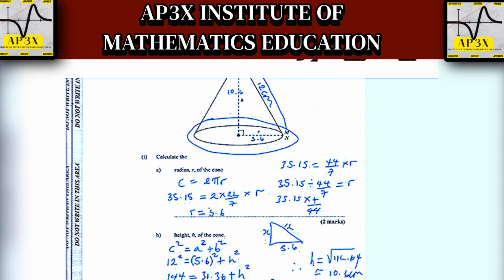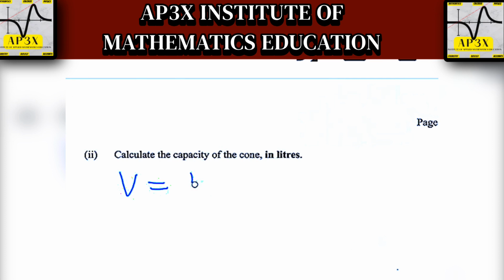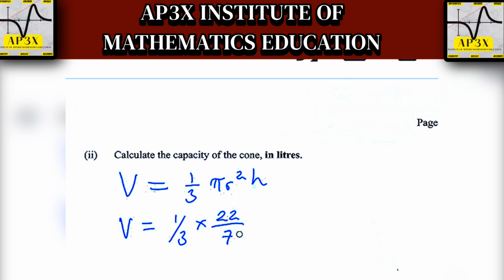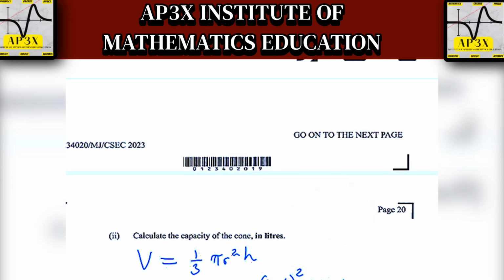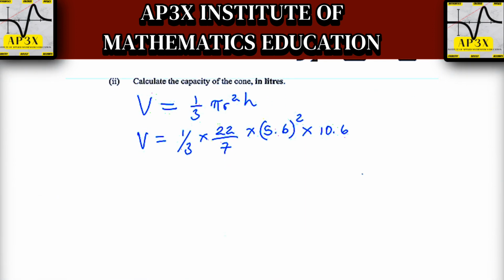So the volume then is equal to 1/3 multiplied by 22/7 multiplied by 5.6 squared, and of course multiplied by 10.6. All right, you can see that the two answers that we just got is exactly what is needed to solve this final question here.